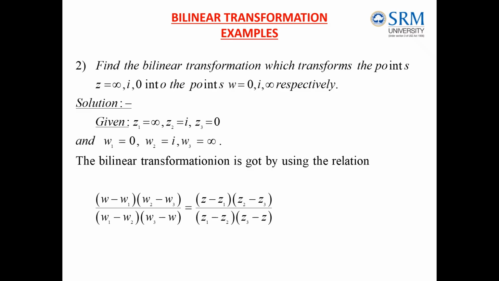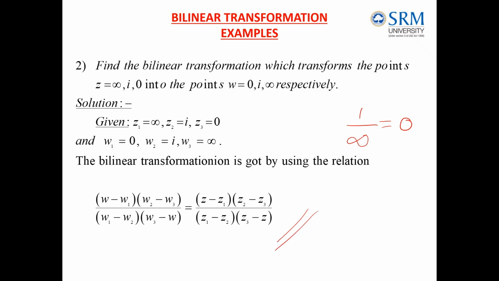Otherwise, we retain that point in the denominator so that when you substitute infinity, the 1 by infinity term becomes 0. First the given points are written as Z1, Z2, Z3, W1, W2, W3. Here Z1 is infinity and W3 is infinity. So take the cross ratio property to find the bilinear transformation.